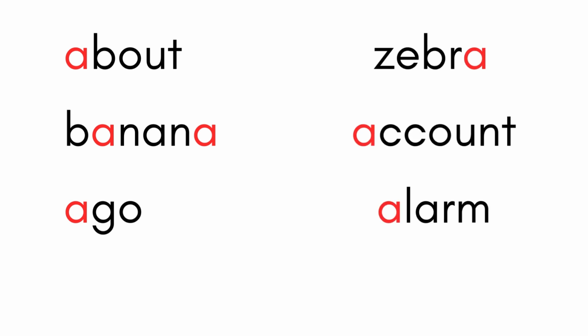So the 2 A letters in this word that I have given in red color give the schwa sound. Banana, banana. Next, ago, ago. Zebra, zebra. Account, account. Alarm, alarm. Got it? You can try it out.